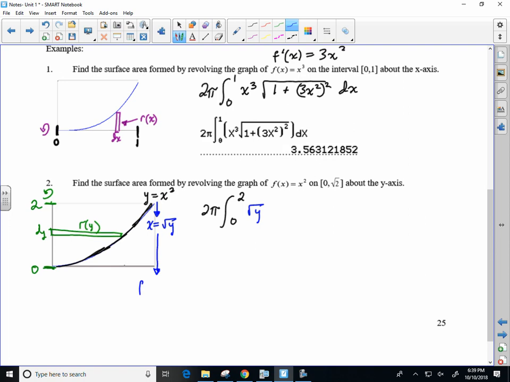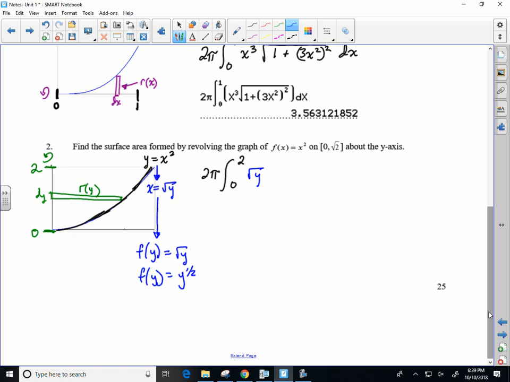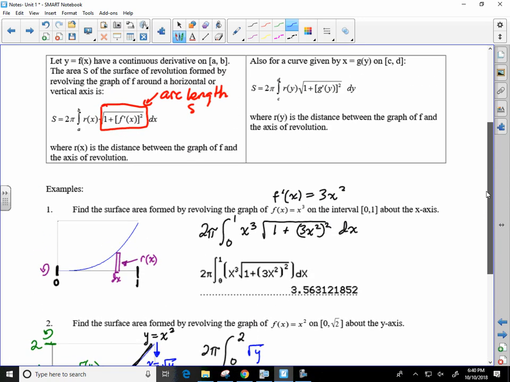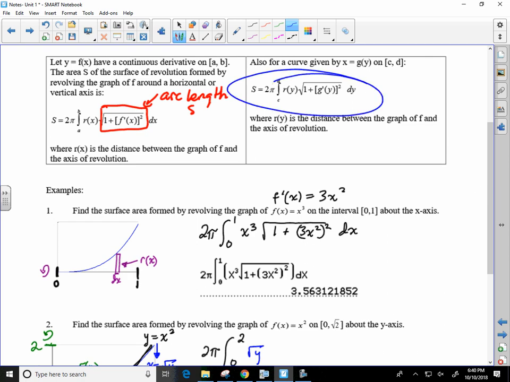This is the same as saying f of y equals root y. Root y is the same as y to the 1/2. So I have to differentiate that. F prime would be 1/2 y to the negative 1/2. I'll come back to that in a second, but we're going off of this one.